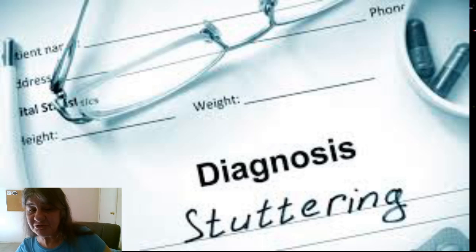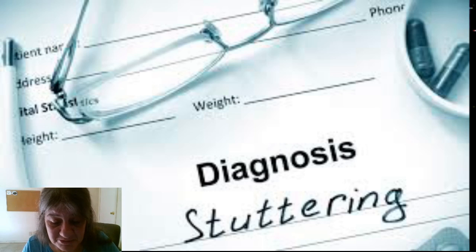Now, as far as the treatment of stuttering, after a comprehensive evaluation by a speech-language pathologist, a decision about the best treatment approach can be made. Several different approaches are available to treat children and adults who stutter.